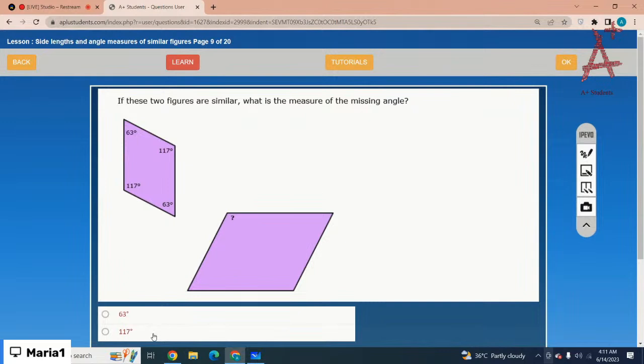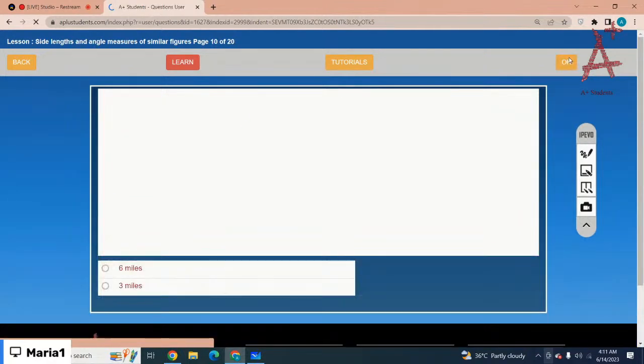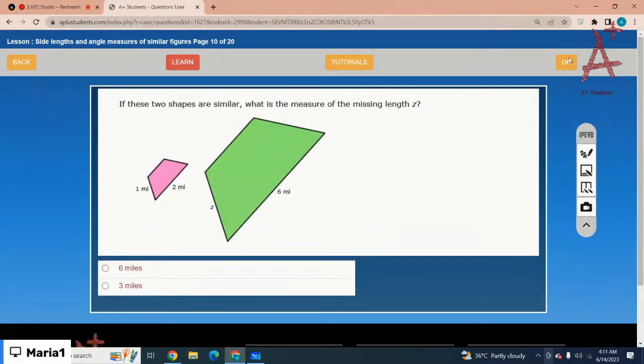Yes, very good. That equals 117. Okay, if these two shapes are similar, what is the measure of the missing side? Missing length Z. So which is the correct option?